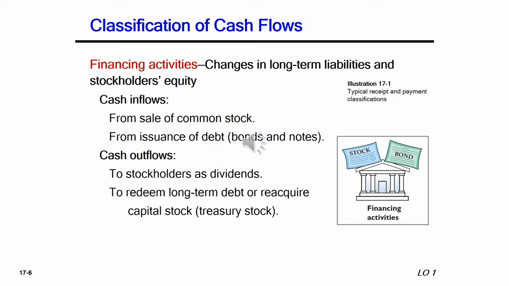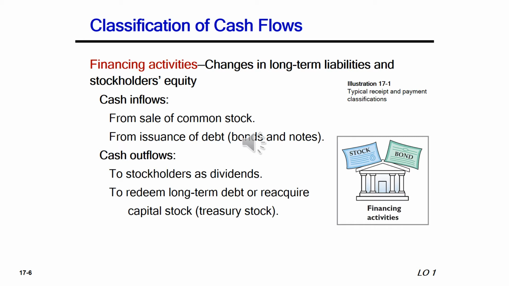Finally, in the last section, we have the financing activities, which, as we mentioned, focuses on changes in long-term liabilities and stockholders' equity. For this one, the cash inflows would be from sale of common stock or from issuance of debt, such as bonds and notes.